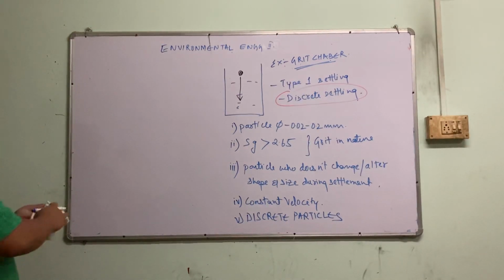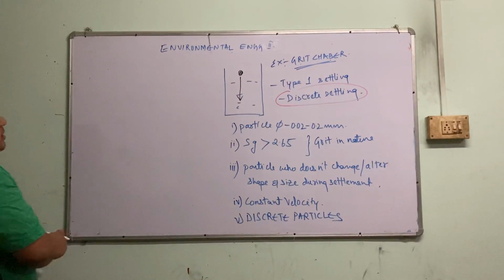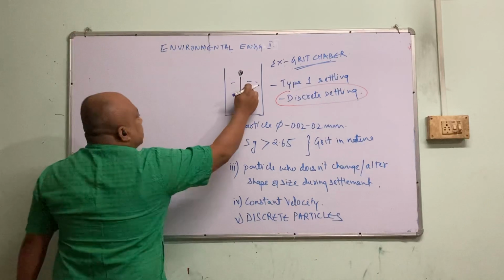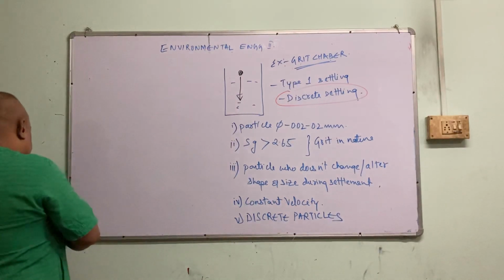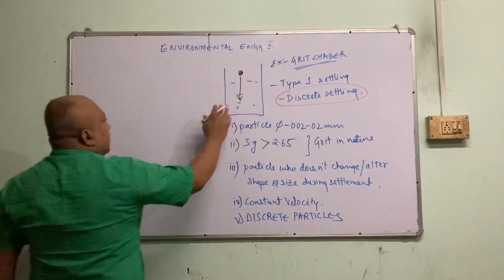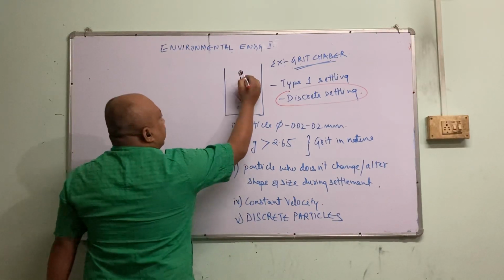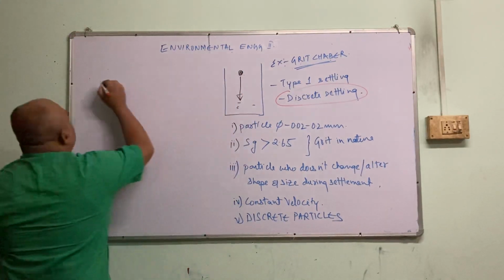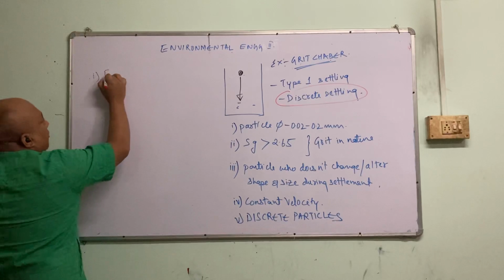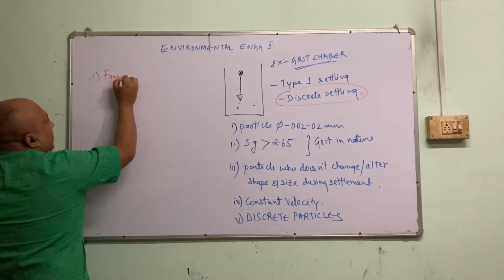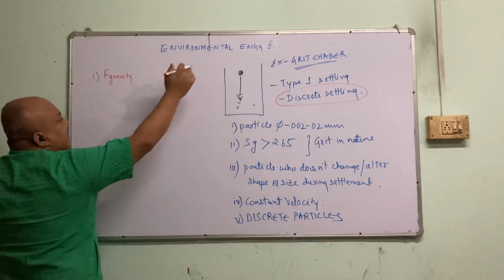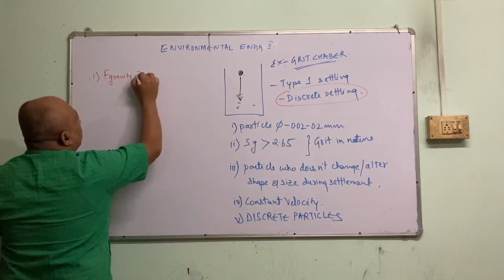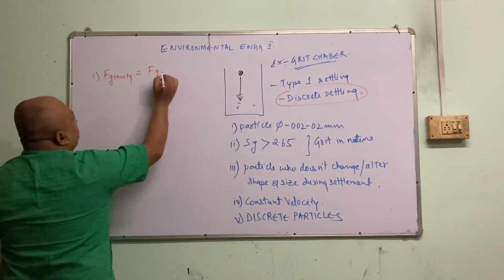Okay. Now, first, when this particle settles down, there is one force acting, number one, the force of gravity. Any particle will settle down due to the force of gravity, we call it Fg.